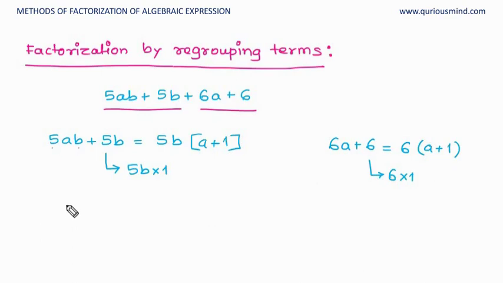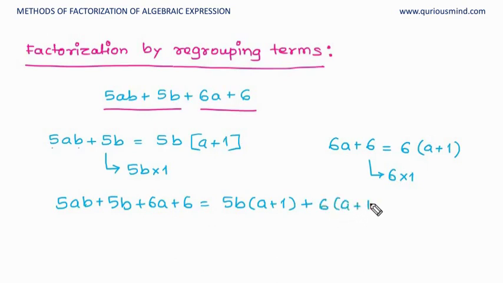Now I'll write them together again. 5ab plus 5b plus 6a plus 6 is the same as 5b into a plus 1 plus 6 into a plus 1. So these 4 terms I have now moved into 2 terms.